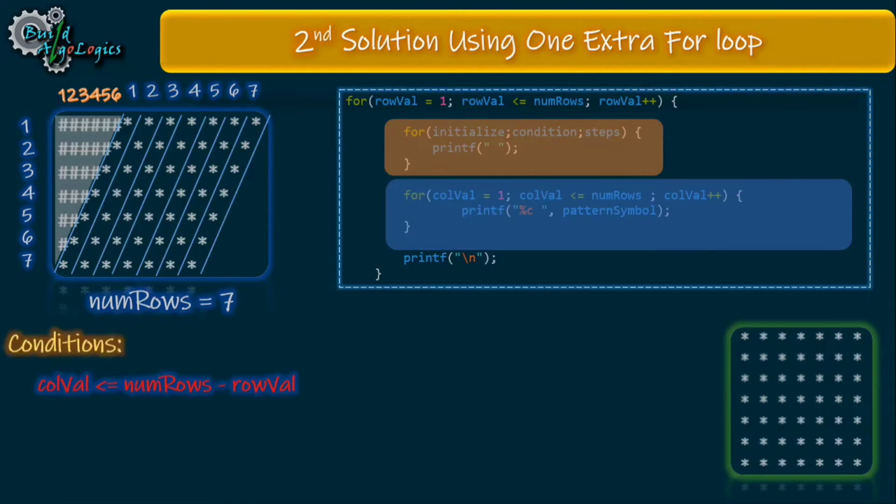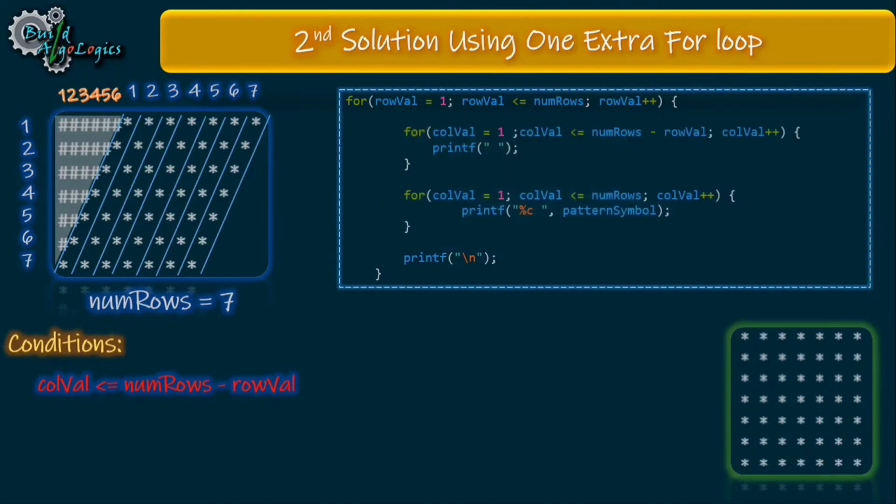It means that we can write our condition like this. We already wrote this condition while solving this problem by using an if block. Here for row val 1, this loop will run 6 times as num rows is 7, and for row val 2, this loop will run 5 times because 7 minus 2 is nothing but 5, and so on. And yeah, this is nothing but our second solution of this pattern.